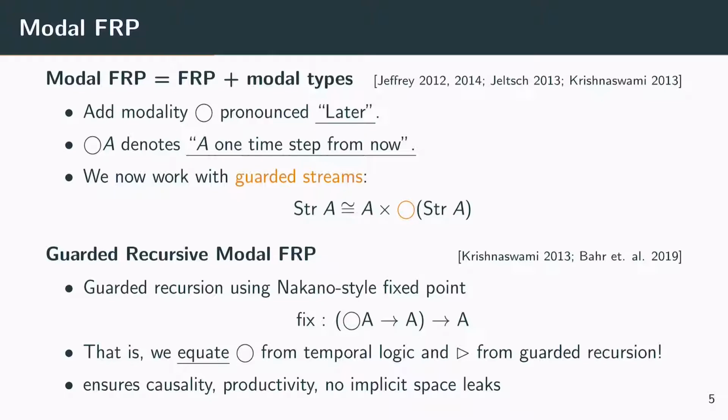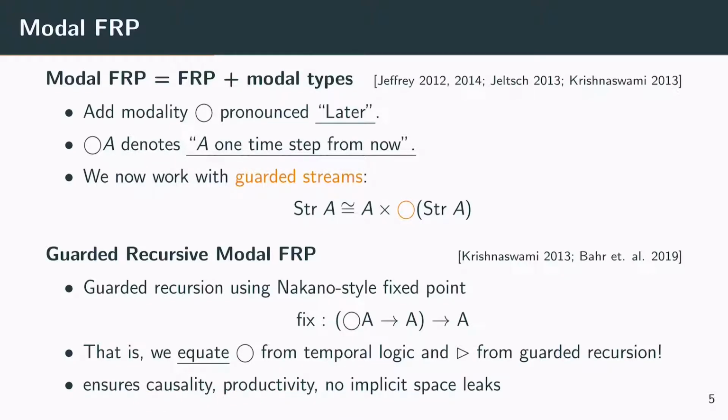There's a nice coincidence of this temporal aspect of the circle modality and the logical aspect of the triangle modality. And as a result of this, we can actually ensure that programs are indeed causal, productive, and avoid implicit space leaks.